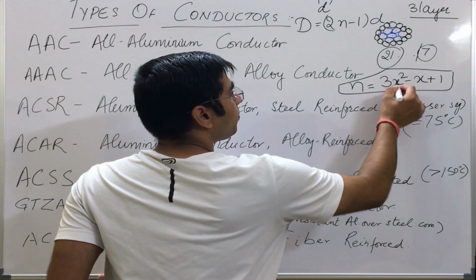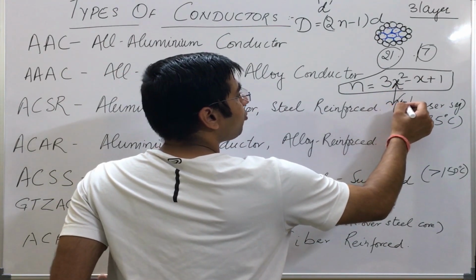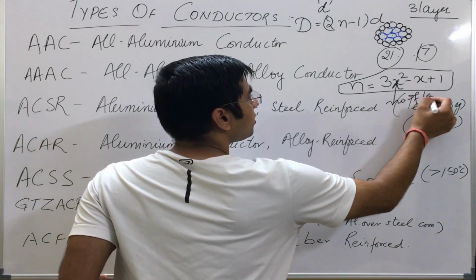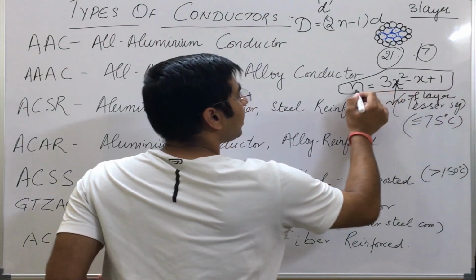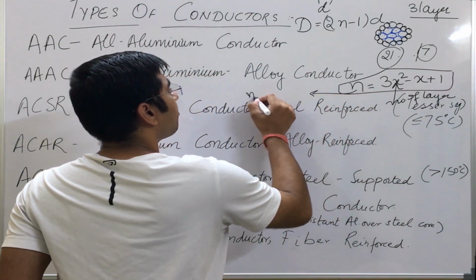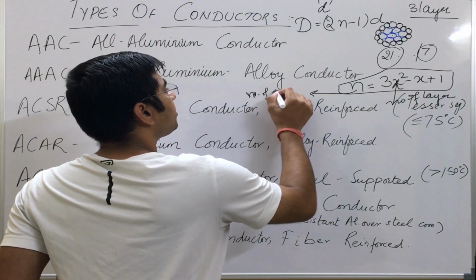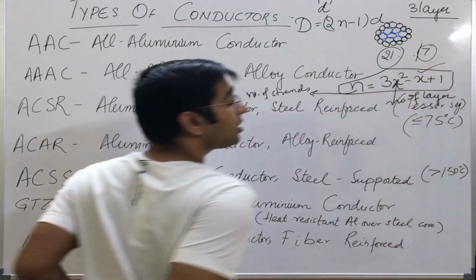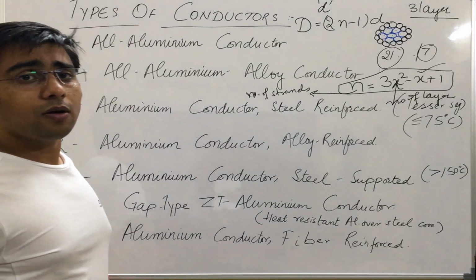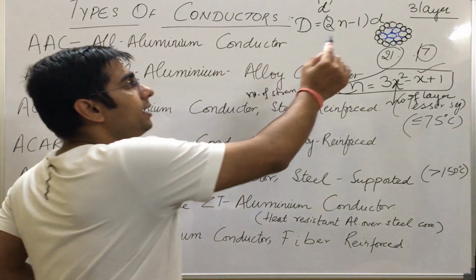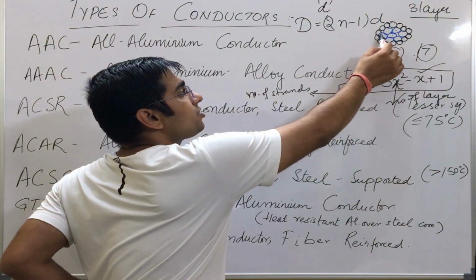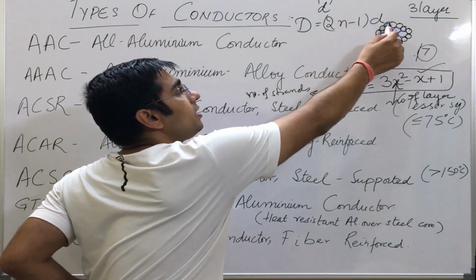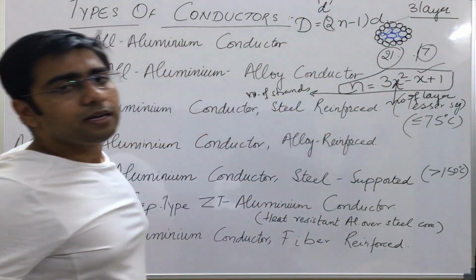If I know the number of layers, then I can find the number of strands using this formula. But this formula is applicable only when the radius of the central steel core strands and the aluminum strands is the same.